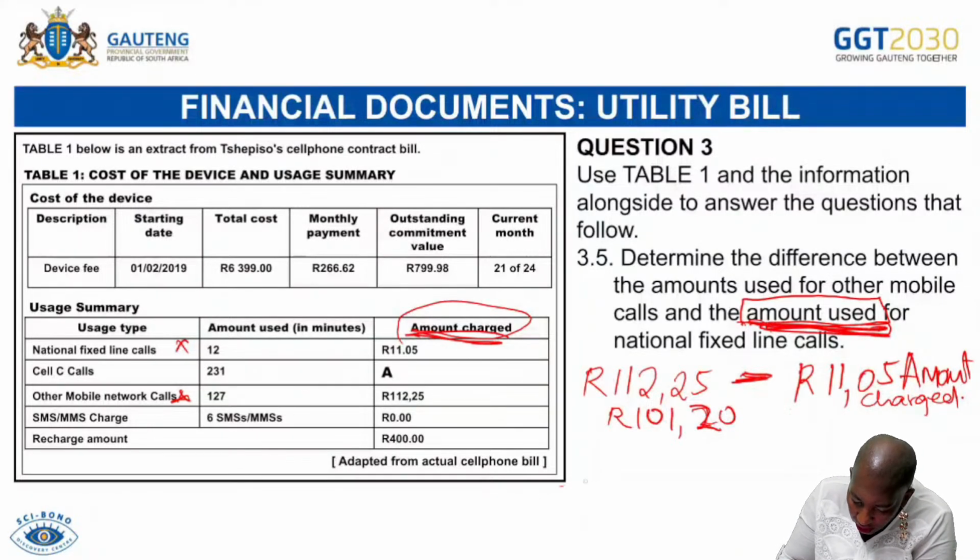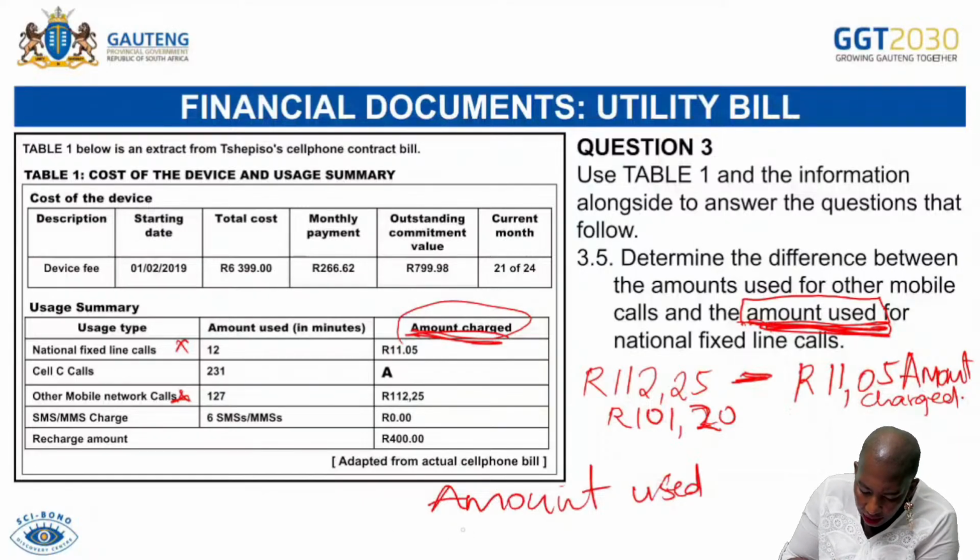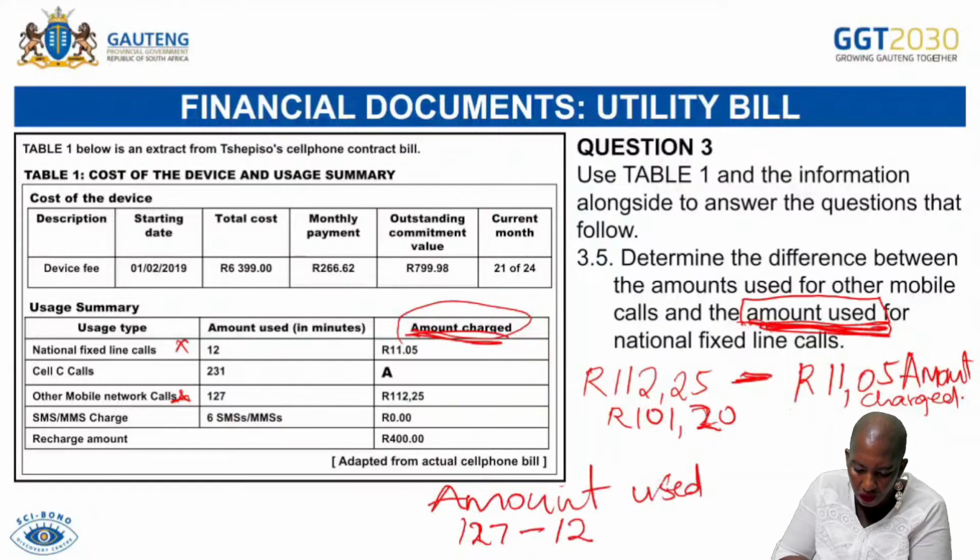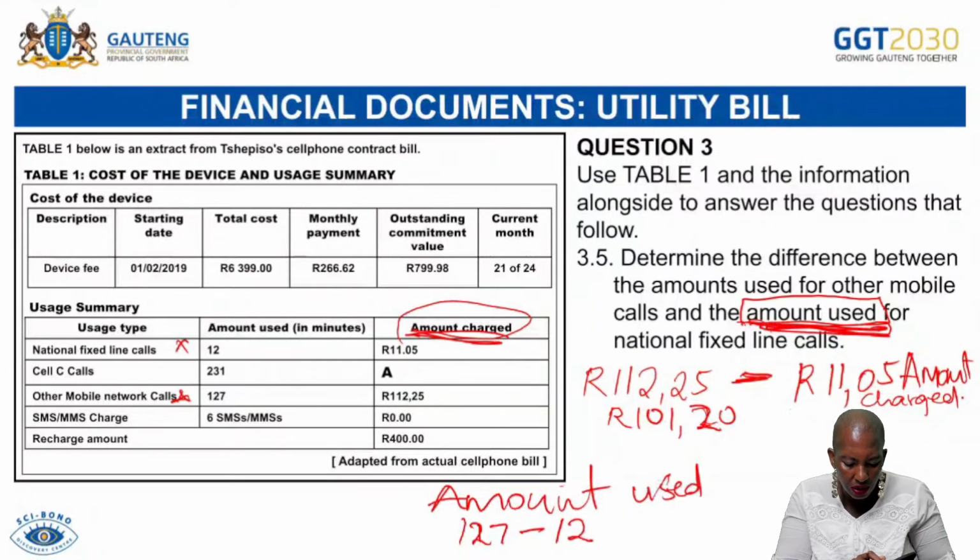So amount used, let me write it here. The amount used will be 127 minus 12. Because fixed line calls is 12.